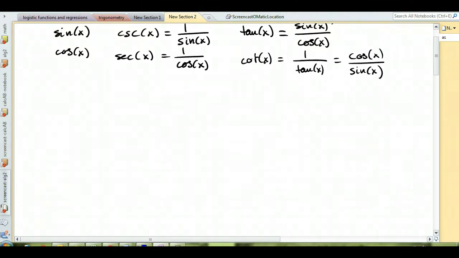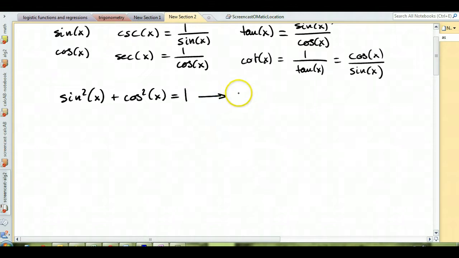You have to know that sine square x plus cosine square x is equal to 1. Okay, but we use that in various ways. Sometimes we just use it like that. Sometimes you need to solve this equation for sine square x.